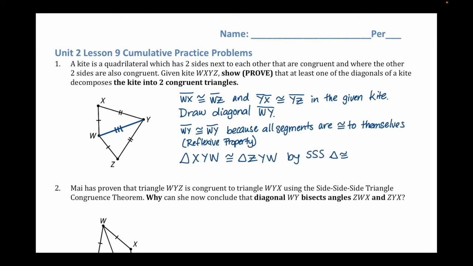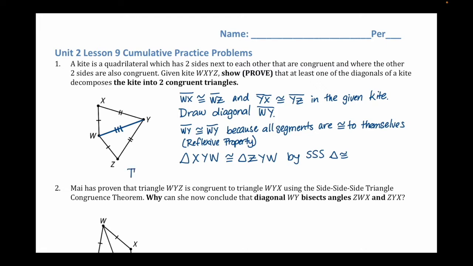Okay, so that's actually all we need for this one. We're showing that it decomposes it into two congruent triangles by saying, hey, look, we've made two congruent triangles. So I guess a statement underneath here is important for that.